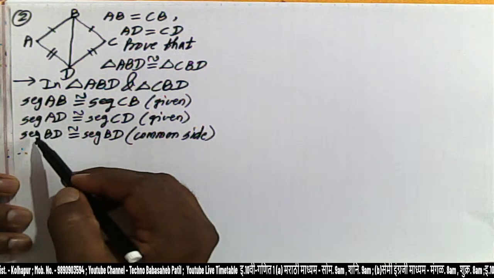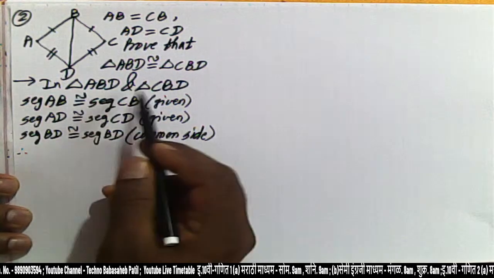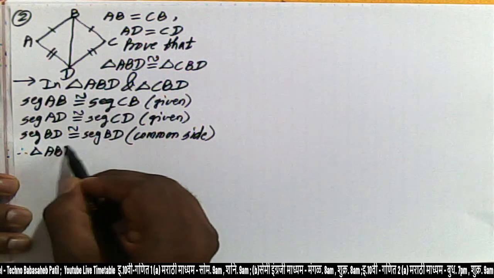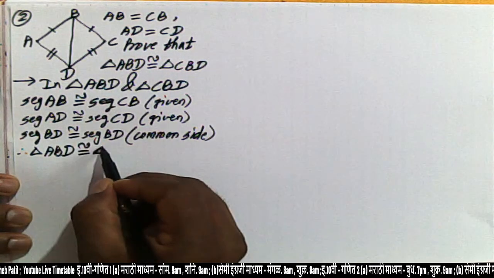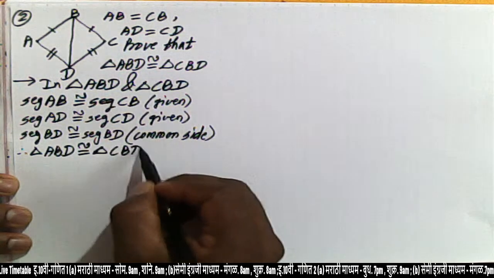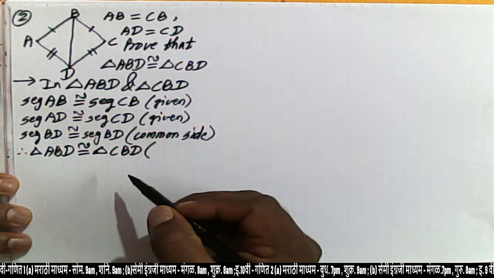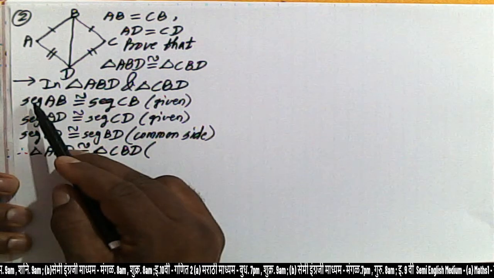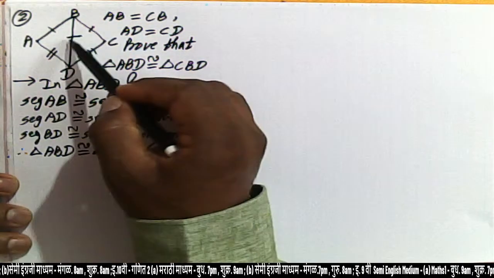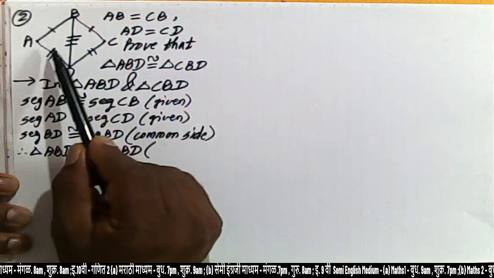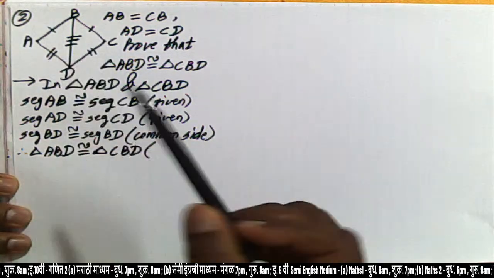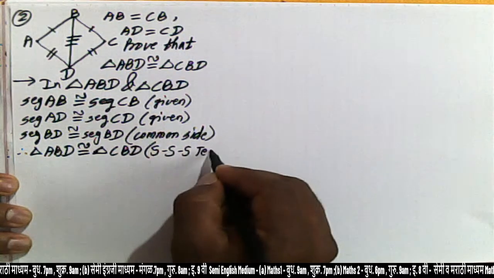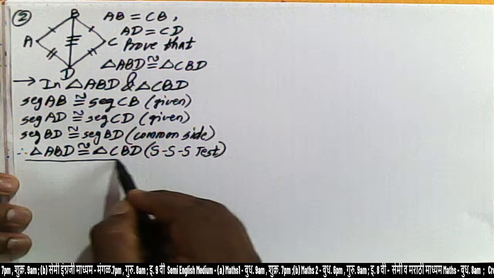If three conditions are getting, then we can say that two triangles are congruent. That is triangle ABD congruent to triangle CBD. And the reason is side, side, side. S, S, S test.